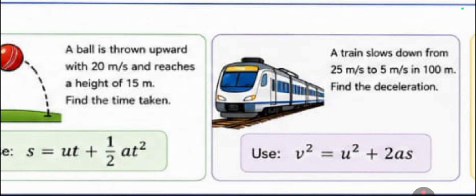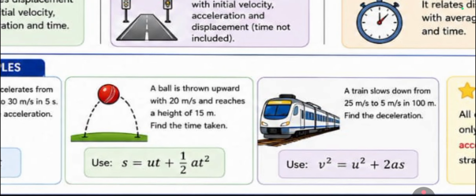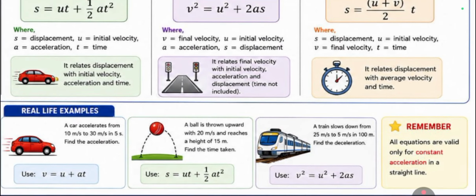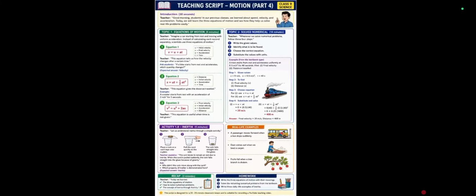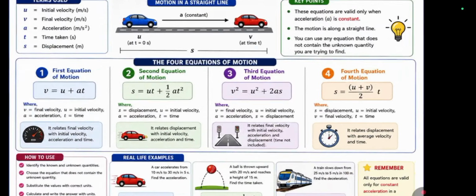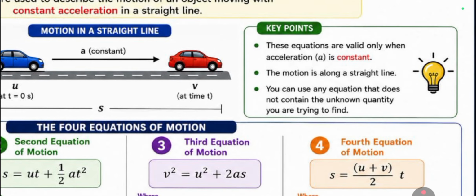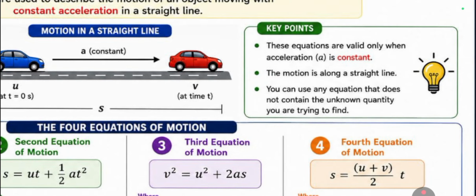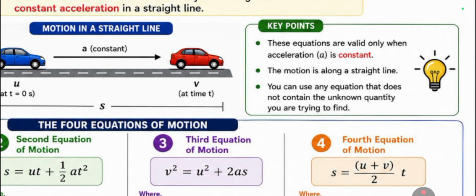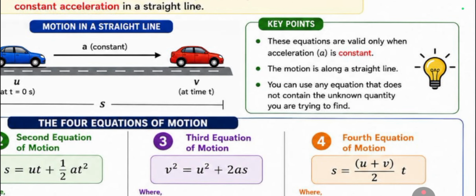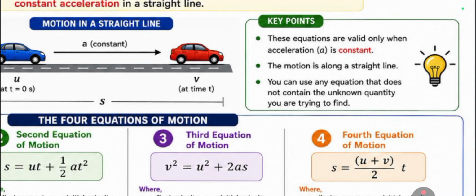These are all examples of how to use these equations in daily life. Here we have to learn what is learned in this topic. Once again we have to remember this. These equations are valid only when acceleration a is constant, and the motion is along a straight line.